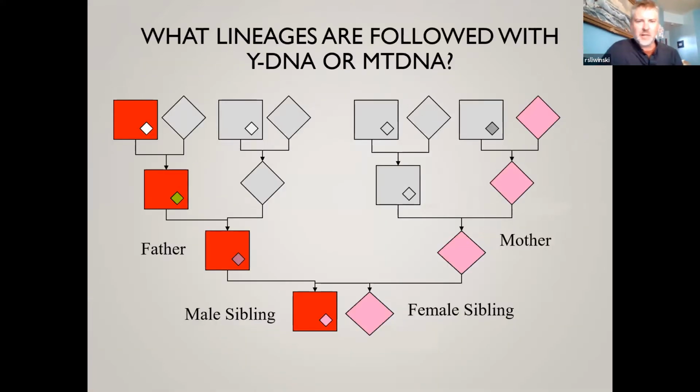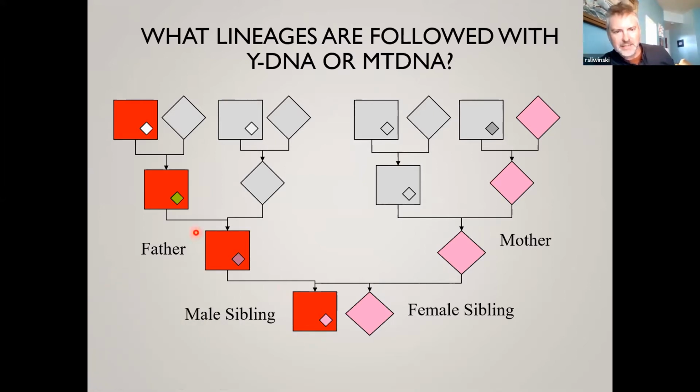Okay, before we covered a similar slide that shows the branches of the family tree. Basically, what lineages are followed with YDNA or mtDNA? Let's recap that. Let me get my laser pointer. Here it is.